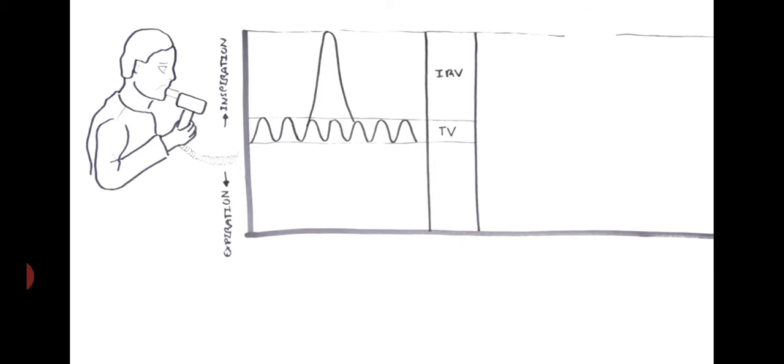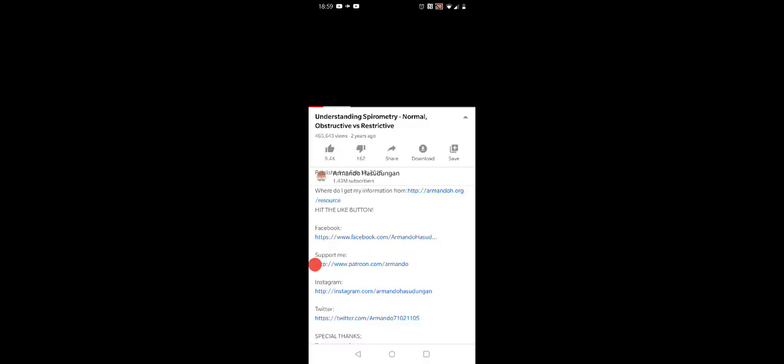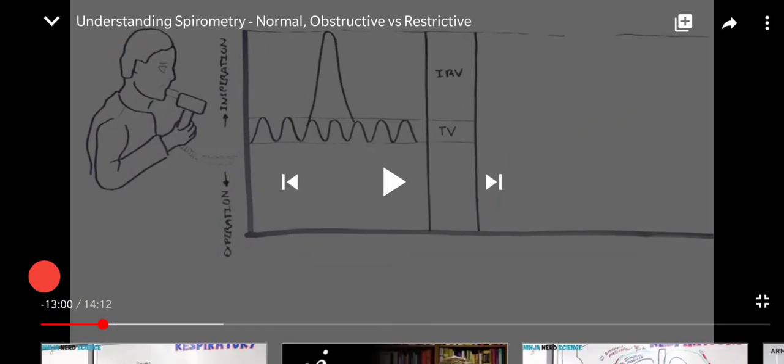Simple like that. If we breathe as deeply as possible, we are not able to get anything more. This is the inspiratory reserve volume. Why is it inspiratory reserve volume? Because this is all of the air added to the tidal volume.